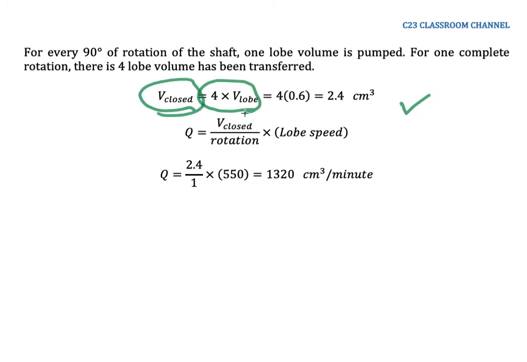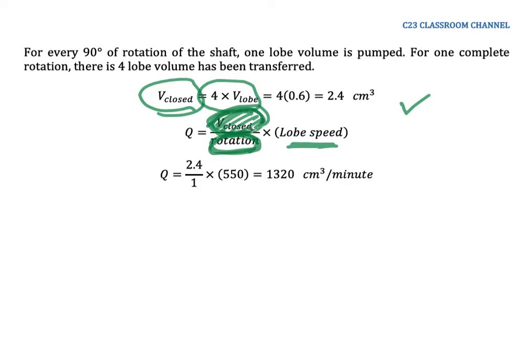And then to calculate the flow rate, it is the total volume divided by rotation, times the lobe speed. In this situation, the rotation here is equal to 1 because we use the volume of the total rotation.